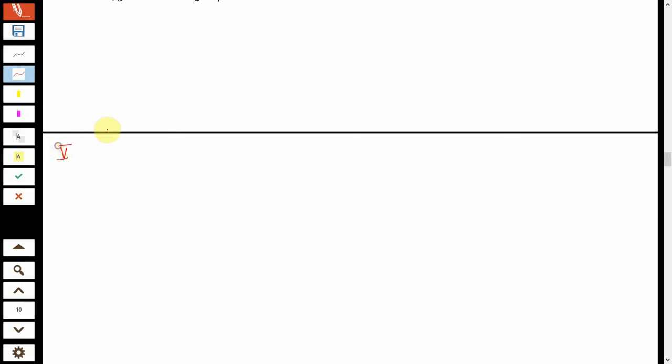Property 5 says that if f is a map from x to y and g is a map from y to z are bijections, then I can define G composite F. It's going to be a map from X to Z. Then G composite F, from X to Z, is also a bijection.